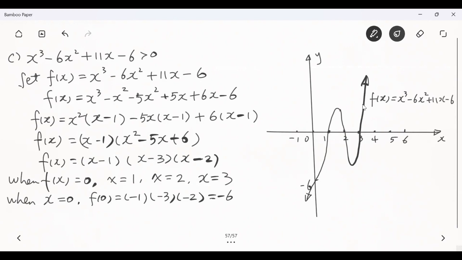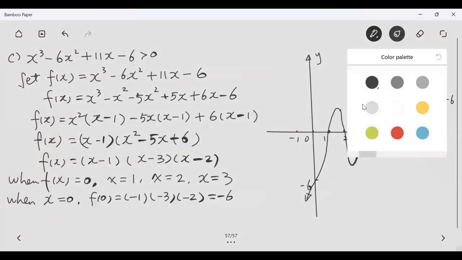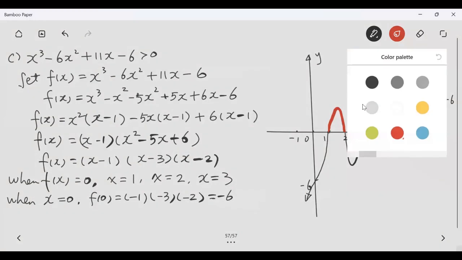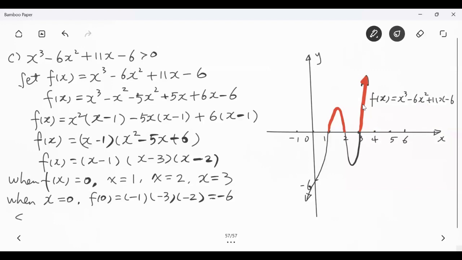And go back to check the inequality is more than 0. So if I take the above of the x-axis, so the curve, this part and this part. Okay, so the solution are from 1 to 2 or more than 3.